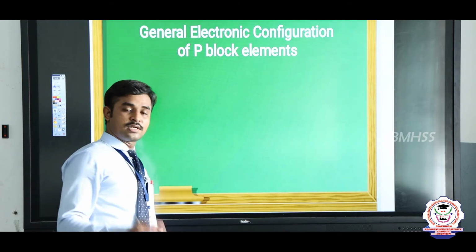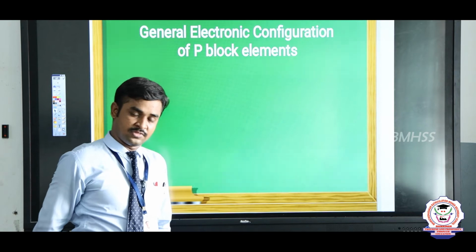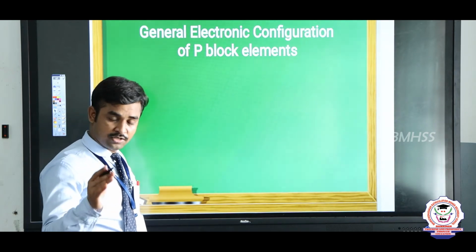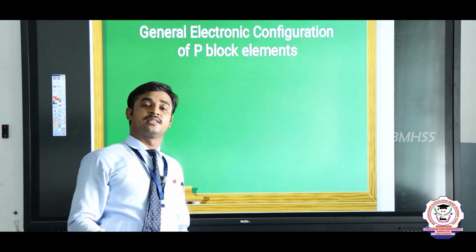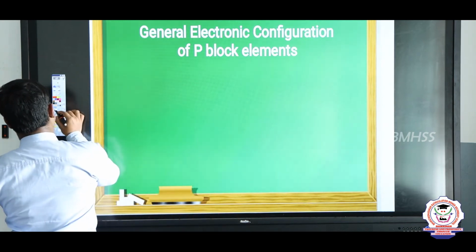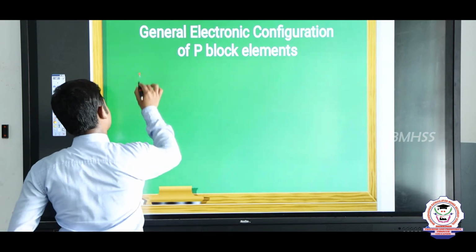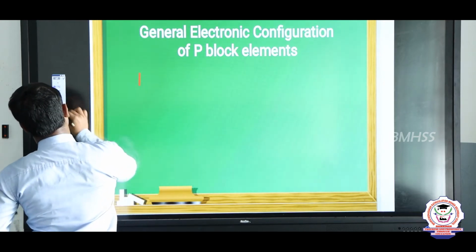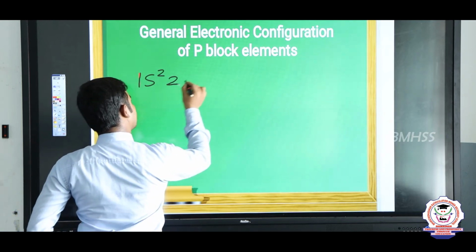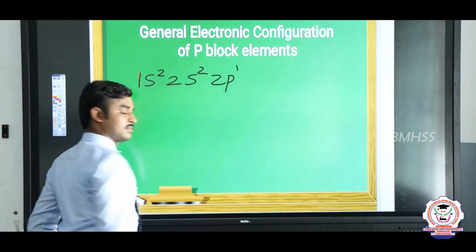Good students, now I show you the general electronic configuration of P block elements. How can we find the general electronic configuration? Before we write it, we need to find the electronic configuration of such elements. Now I write the electronic configuration of the first element where an electron enters the p orbital: 1s2, 2s2, 2p1.